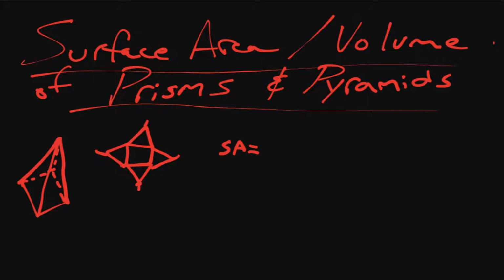You have the area of the base, and then you add the area of each triangle, but there's four of them.